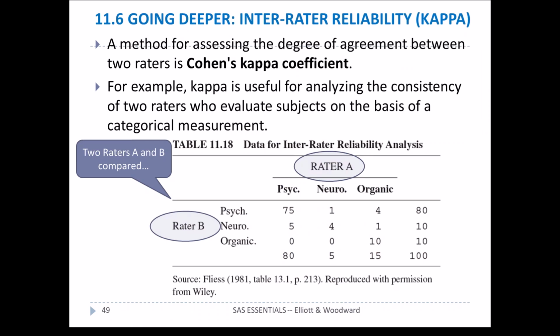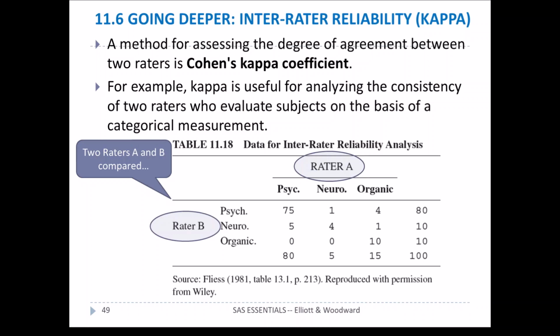Now let's look at a different topic, and that is inter-rater reliability, or Kappa. A method for assessing the degree of agreement between two raters is called Cohen's Kappa coefficient. We'll look at what this means as we move along. For example, Kappa is useful for analyzing the consistency of two raters who evaluate subjects on the basis of some categorical measurement.